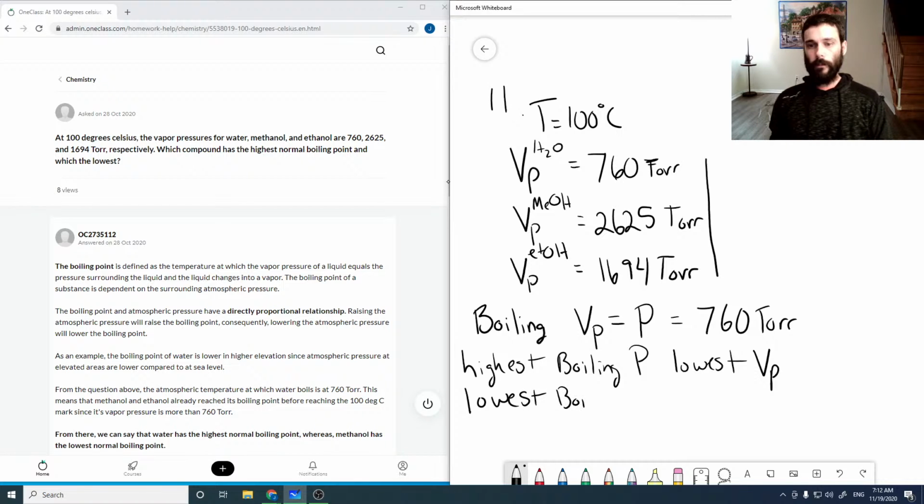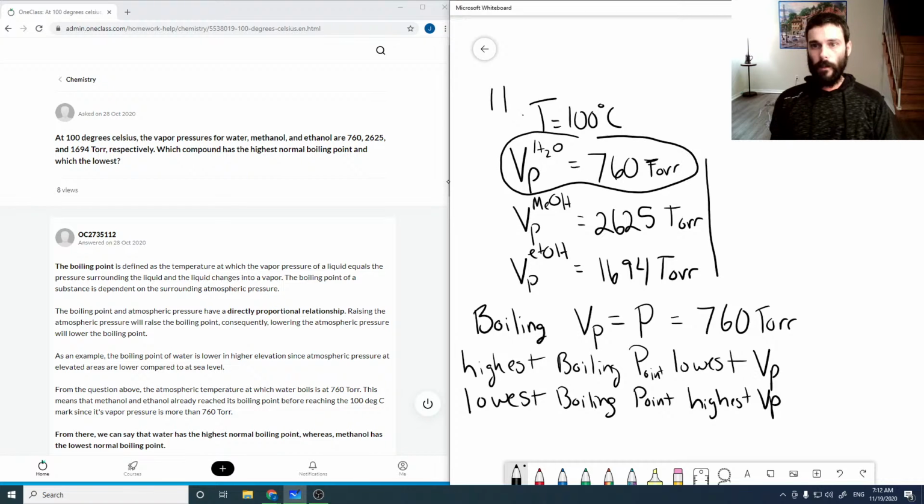and we would assume that the lowest boiling point, and I probably should just write that in, is with the highest VP, right? And so the lowest vapor pressure is water, and the highest vapor pressure is methanol, right?